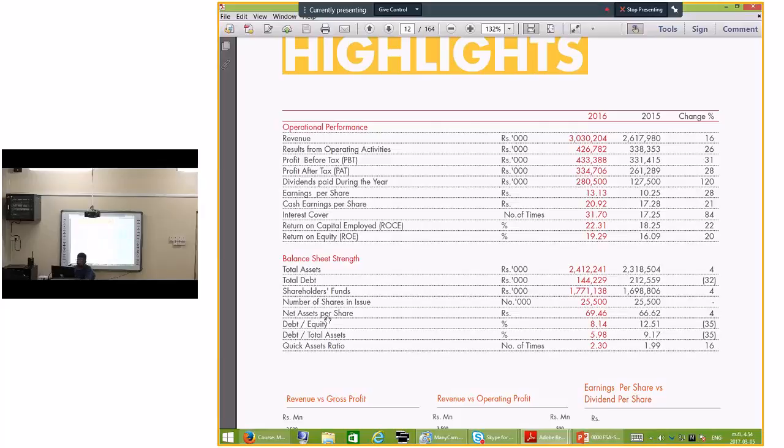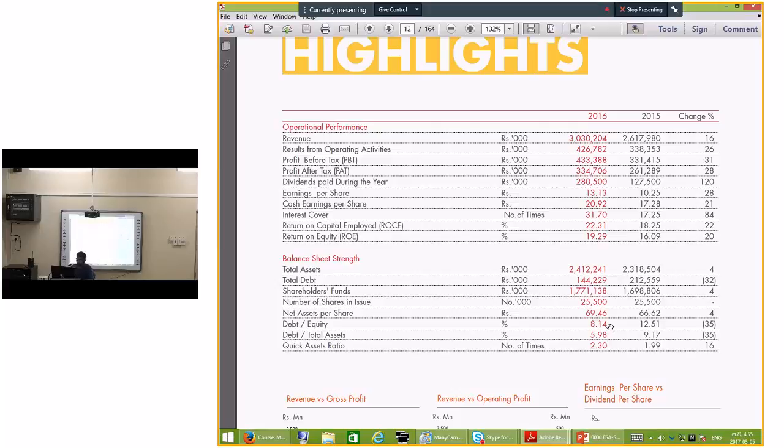Then net assets per share, this is also a very important ratio. Net assets per share, or sometimes we calculate book value per share, right? This net assets per share is 66 previously, now increased by approximately 4%, 69 this time. Then debt equity ratio, another important ratio for deciding the capital structure and financial structure.